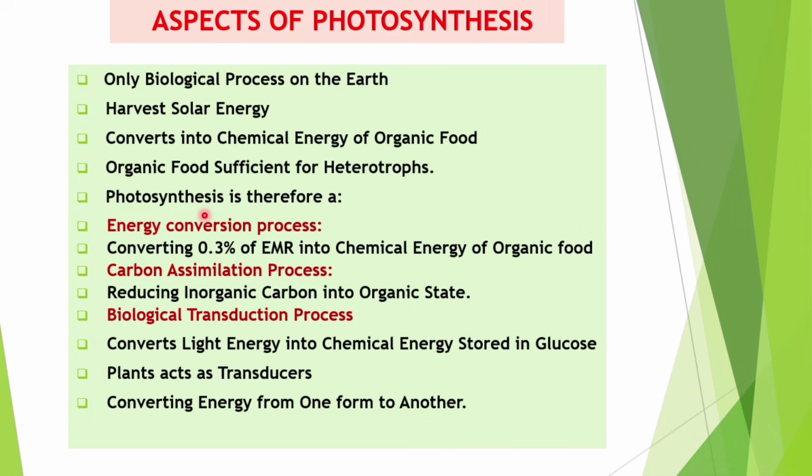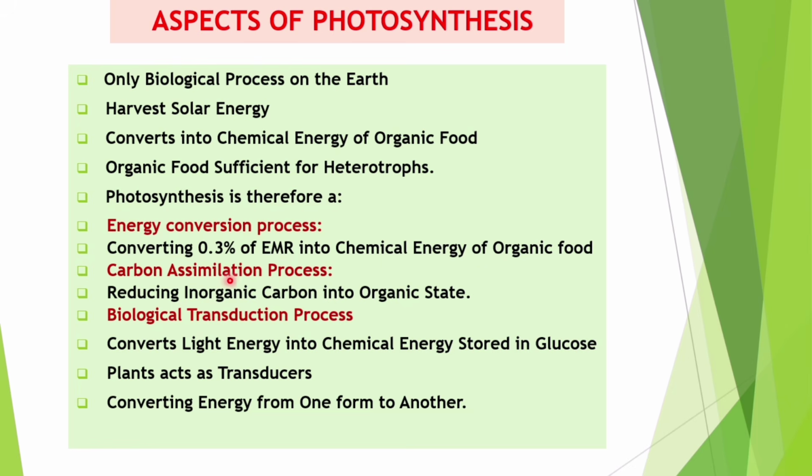So photosynthesis is the first energy conversion process, because it converts one form of energy, which is photosynthetically active electromagnetic radiation, into the chemical energy of organic food. And how much? 0.3% only.